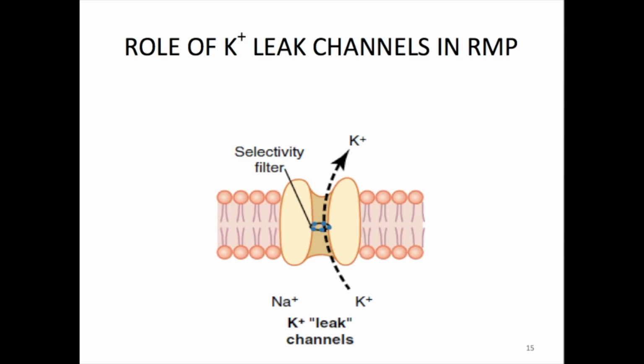There is a channel protein called a potassium leak channel in the nerve membrane through which potassium can leak even in a resting cell. These potassium leak channels are much more permeable to potassium than to sodium, normally about 100 times more permeable.